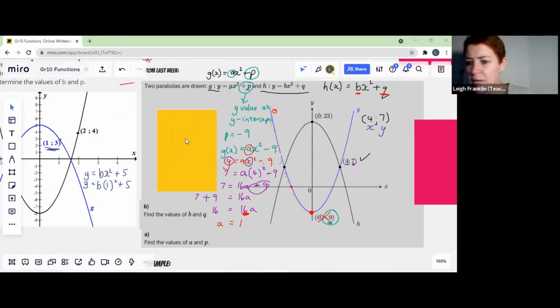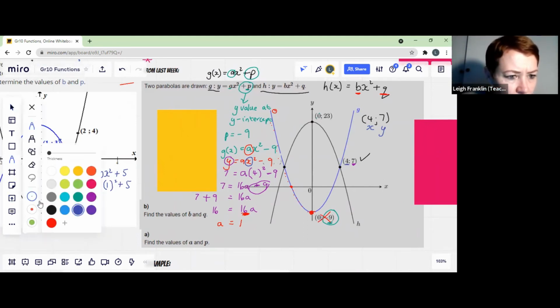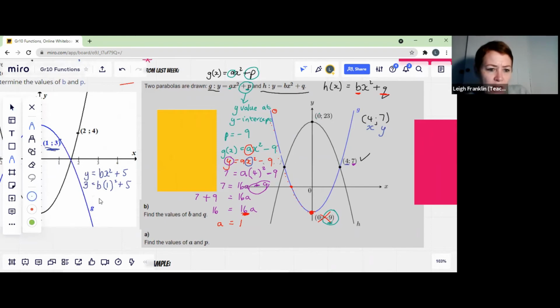Okay, so Inhlafatso, this is where we were, right? I'll just check that the pen is blue. Now we've got 3 equals 1 squared, which means 1 times 1. So 1 times 1 is 1, times b gives us 1b plus 5.